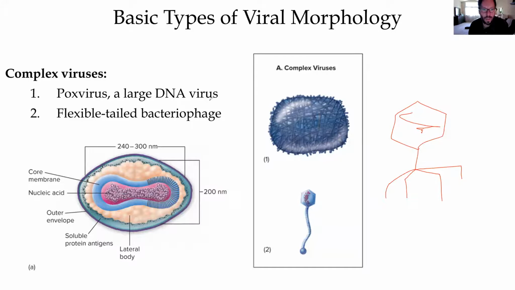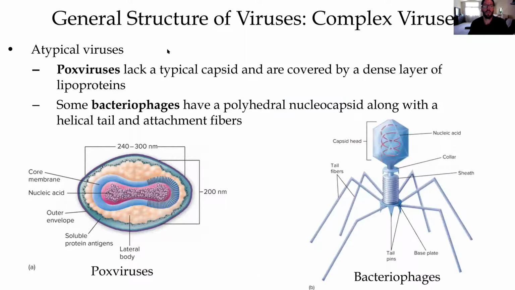Those are bacteriophages. They don't infect animal hosts, but these are going to be complex in their overall structure. A bacteriophage has a tail, which other viruses don't. And so that's one type. Here's a much better drawing than the one that I did, but this is a bacteriophage.